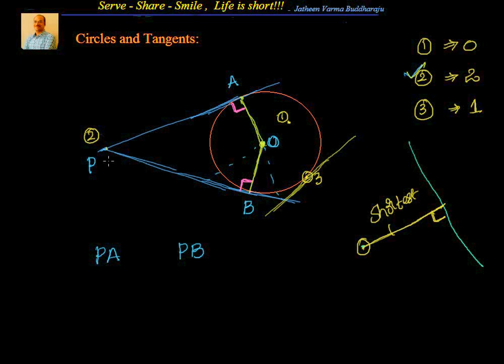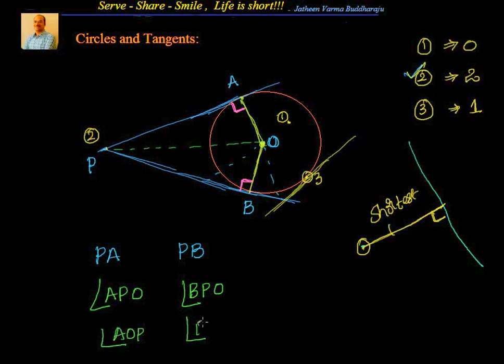Not only that, suppose I join O and P. Now what is angle APO? What is the relation between angle APO and angle BPO? And what is the relation between angle AOP and angle BOP?